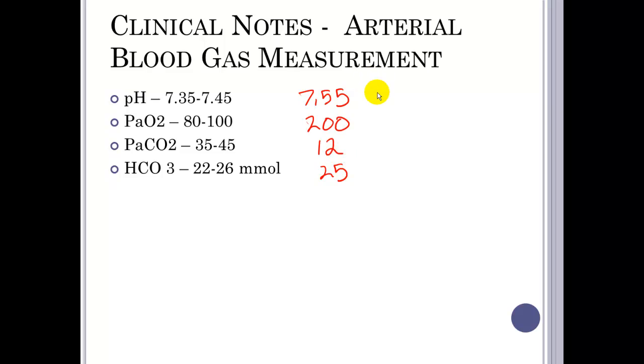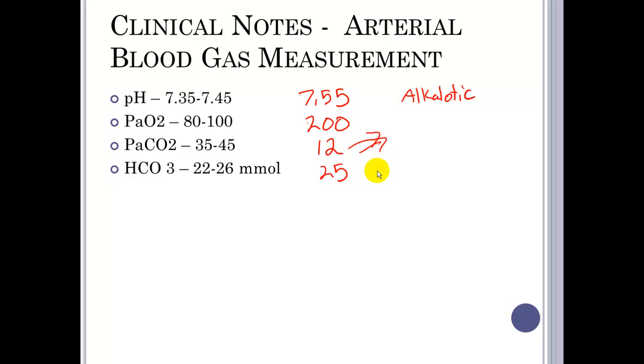All right, first question, are they acidic or alkalotic? They're alkalotic. Does it have anything to do with CO2? They don't have enough CO2. So they probably breathed off too much CO2.